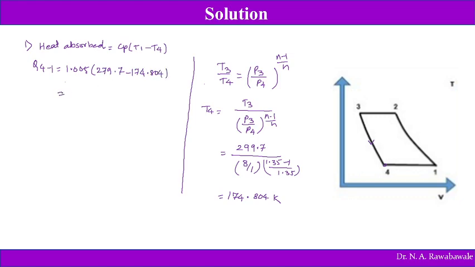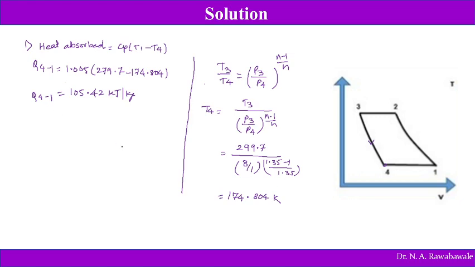So this works out as 105.42 kilojoules per kg, because we are not multiplying it by m, so therefore it will be in kilojoules per kg. So this is how we obtained Q4 to 1.